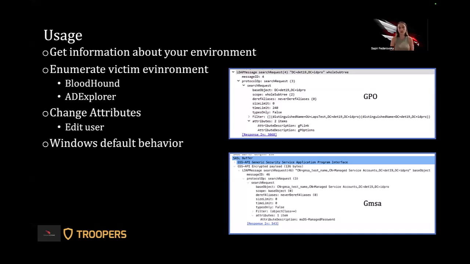This is actually a screenshot of traffic I recorded after performing the gpupdate command. So this is not a GPO enumeration. And just a bit of a spoiler, the way to differentiate in this case between the attacker's behavior and the default behavior is using the time limit. For the gpupdate command, it will always be 240. And this is quite a good way to differentiate these two cases.